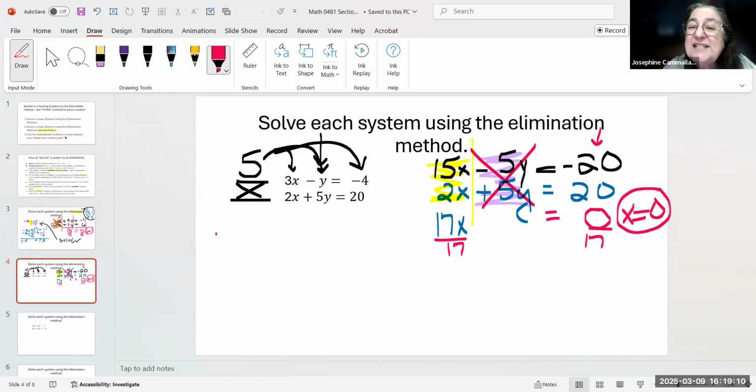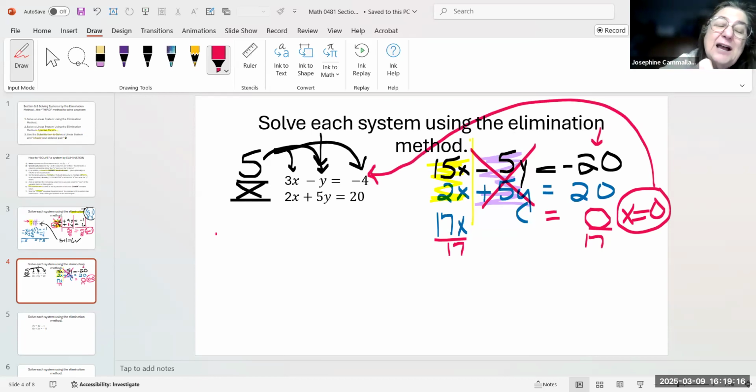That x is 0. Well, now I'm going to take that 0 and come to 3x minus y is equal to -4. And where this x is, I am going to write 0.